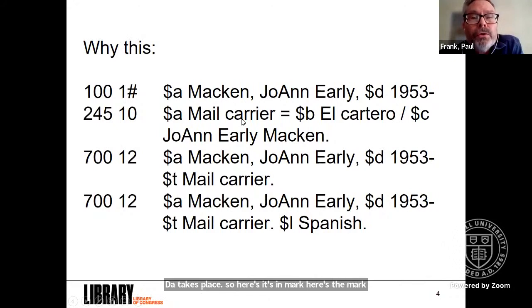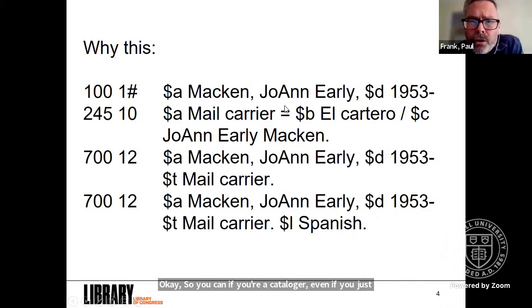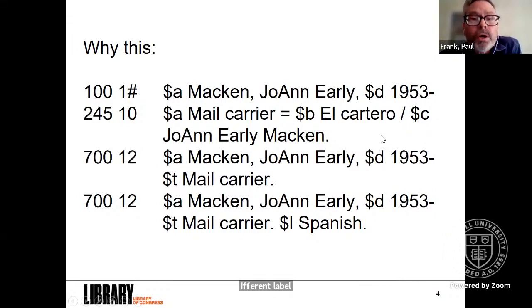Okay, so if you're a cataloger, even if you just have a passing knowledge of cataloging, you can probably figure out what's going on here. So you have a creator, you have one title, I'll just call it a title. You have what looks like a second title because it has an equal sign in ISBD, and that means what follows is another title in the same entity, but a different label. And you have a statement of responsibility. Okay, great, this is wonderful.